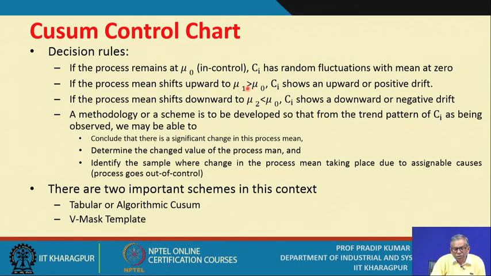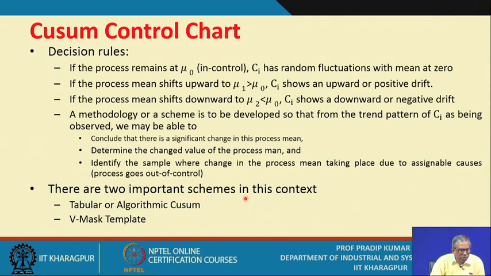If the process has gone out of control and there is an upward trend, and reaches mu1, then Ci must show an upward or positive drift. Similarly, if the process mean shifts downward, then Ci must show a downward or negative drift. Is it okay?